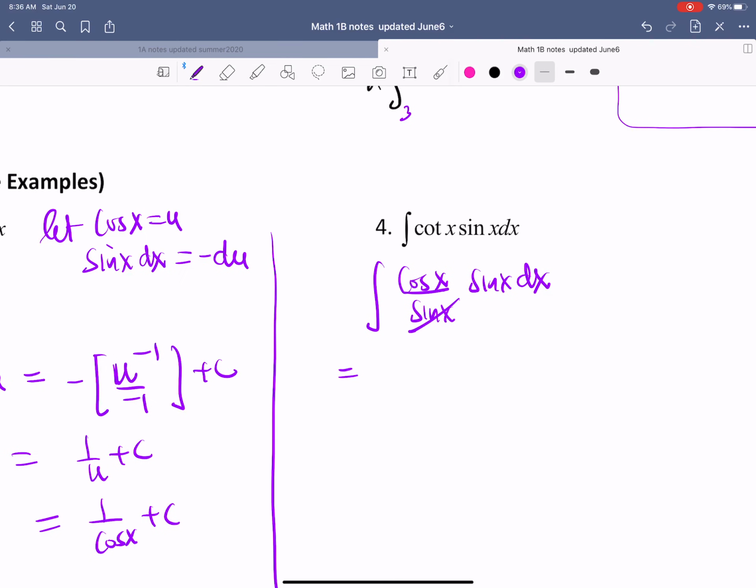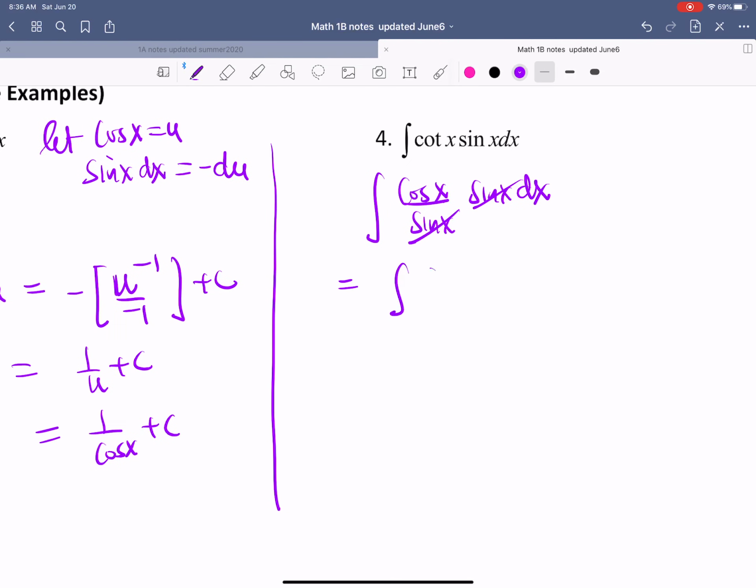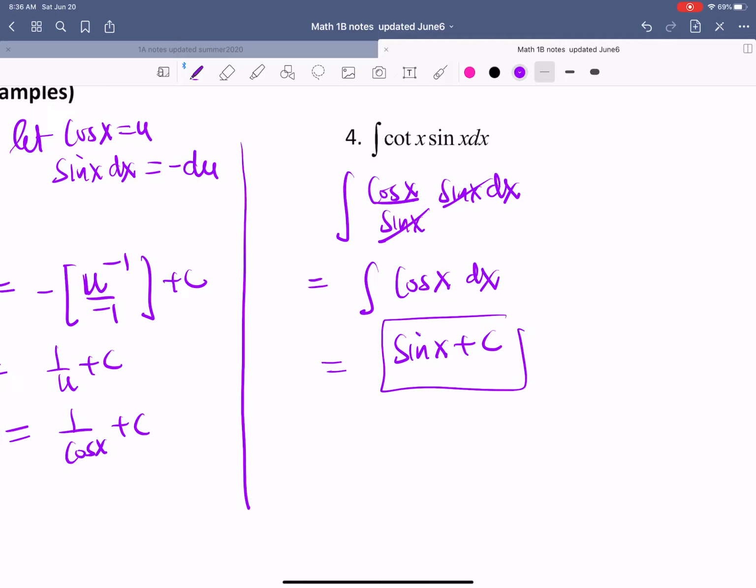Sin x and sin x can be cancelled. So all I'm left with is the integral of cos x dx. What is the integral of cosine x? Integral of cosine x is sin x plus c. It's an indefinite integral, so we need to have the arbitrary constant c in there.